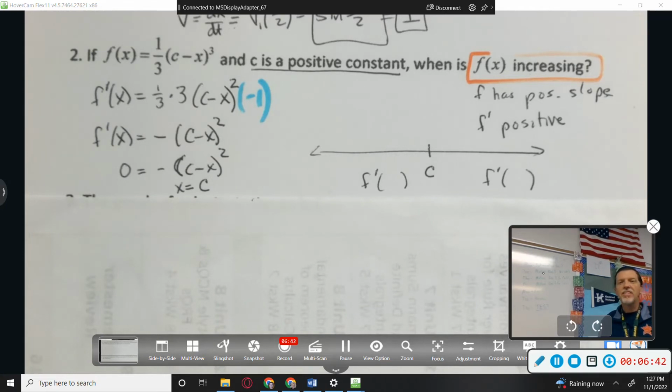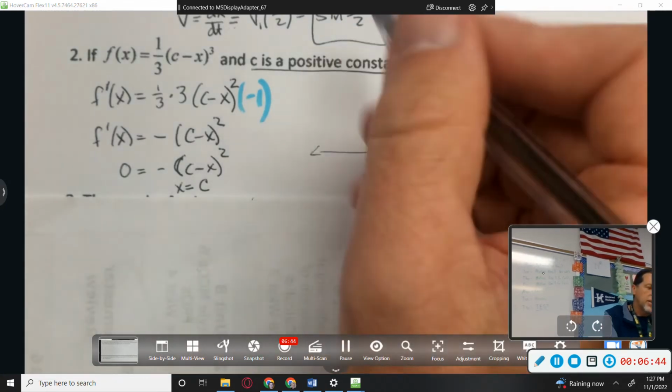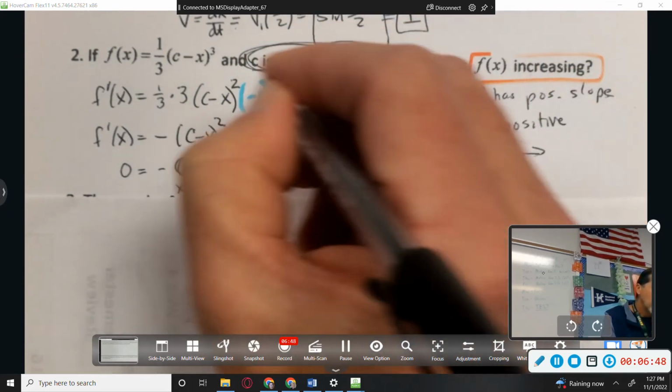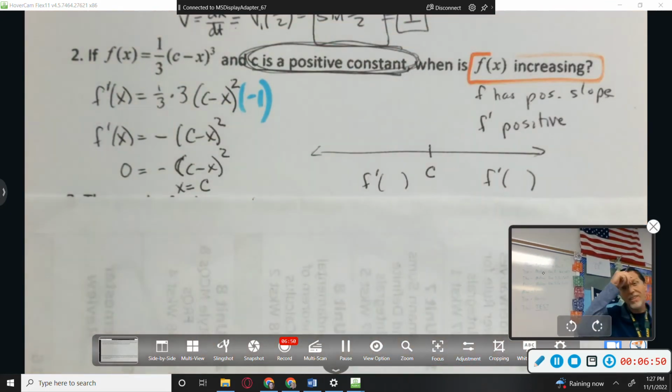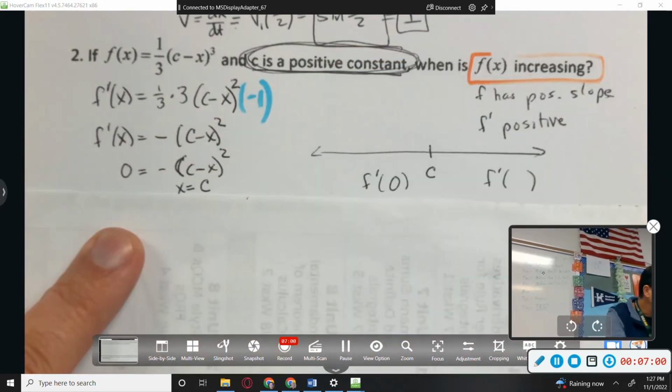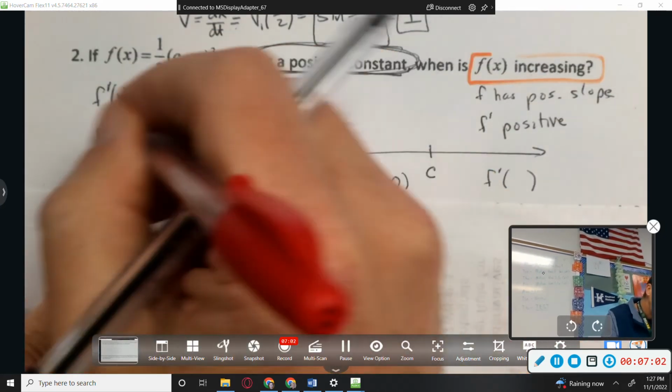I think less than c isn't too bad, because it tells me that c is a positive constant. So if c is a positive constant, what's a nice number left of a positive constant? 0. So I'm going to plug in 0 to f prime.